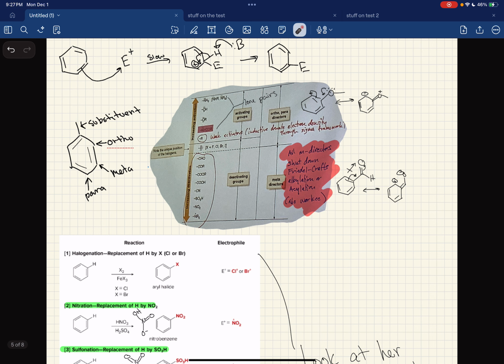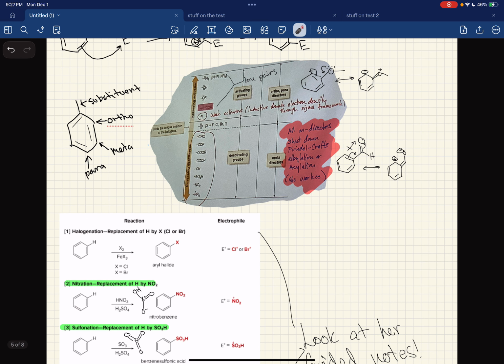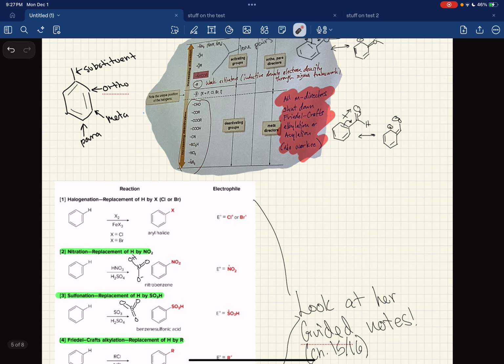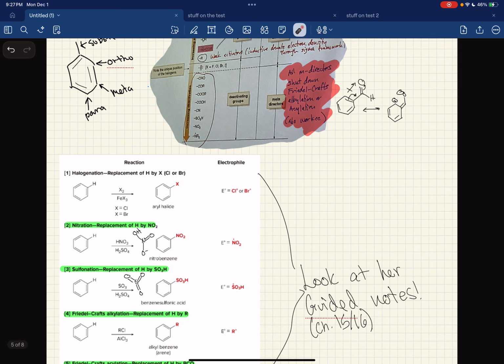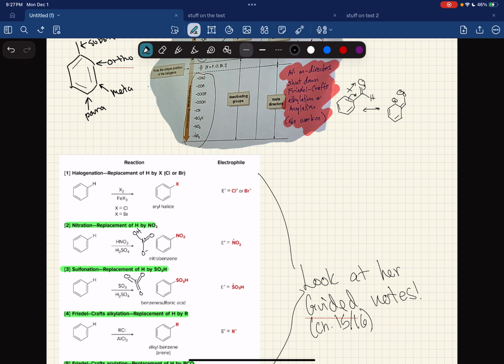And kind of connecting these 2 ideas, if there is an activating ortho-para director, then if it's already on here, so let's just say there's an activator like O. We'll do that one again.